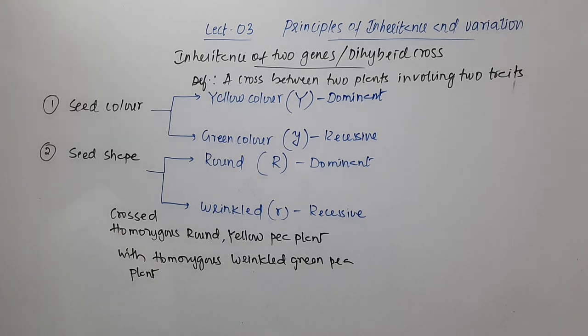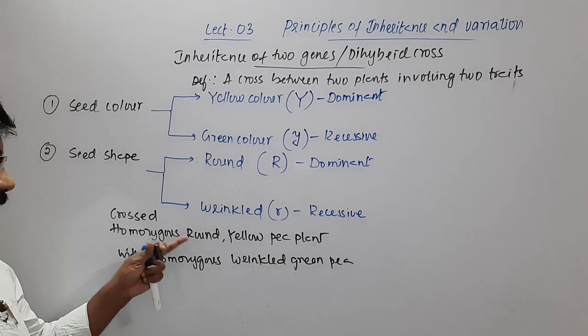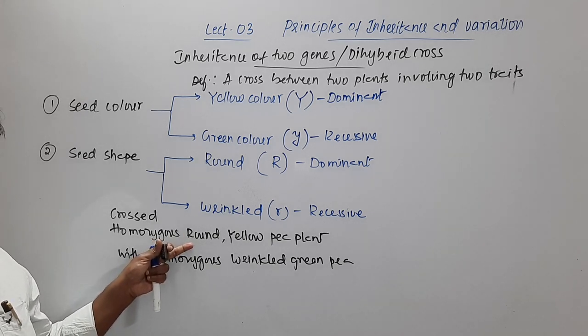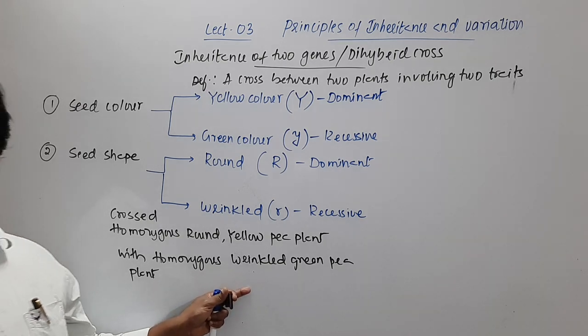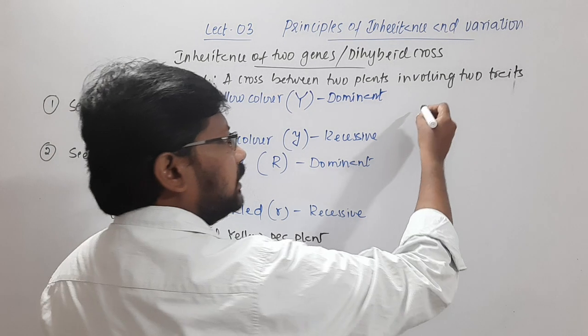So what Mendel took is pure breeding pea plants, one with the homozygous round yellow condition and another one with the wrinkled green condition. So that's what I'll mention here.